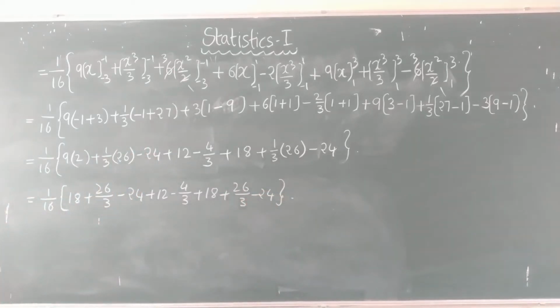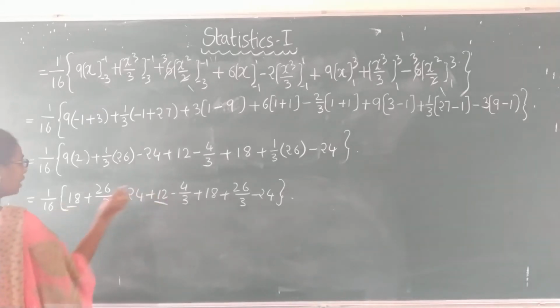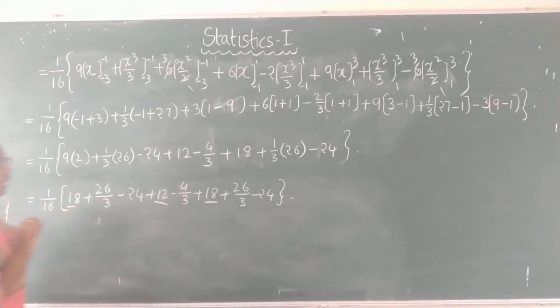First add all the positive terms. So what are the positive terms we have? 18 plus 12 is 30, 30 plus 18 is 48, equals 1 by 16 into 48.